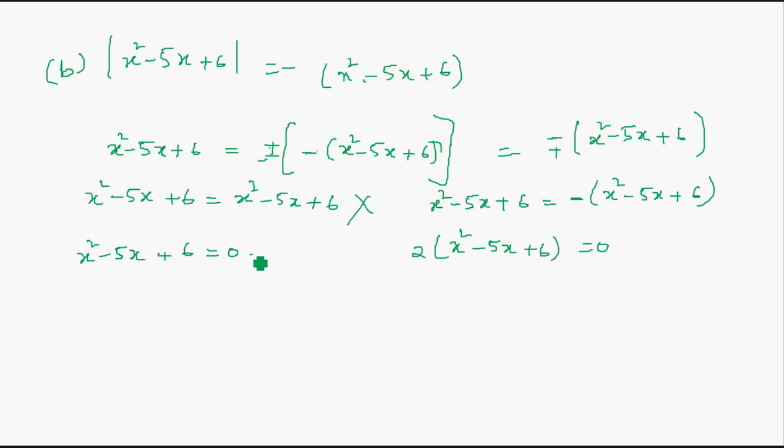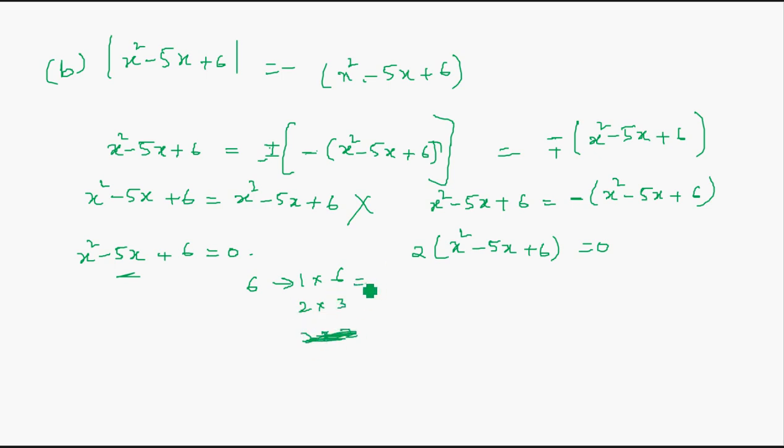Now to solve this there are two ways. The one way is you can use that formula minus b plus or minus under root b square minus 4ac by 2a, or you can simply factorize this. Now how will you factorize, what are the multiples of 6? 1 into 6, then we have 2 into 3, 3 into 2, and 6 into 1.